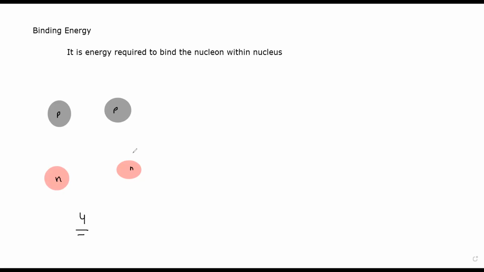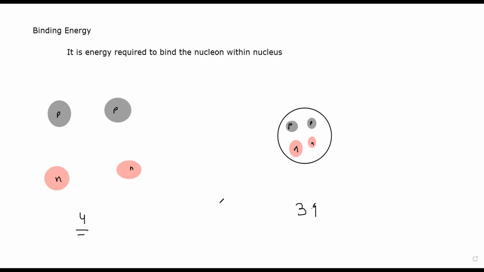Now, if these particles are present in the nucleus, when we measure the mass of the same number of particles inside the nucleus, we find that there is a difference between the mass when the particles are independently outside the nucleus and the same number of particles inside the nucleus. The mass of the nucleus is coming out less than when they are independent.